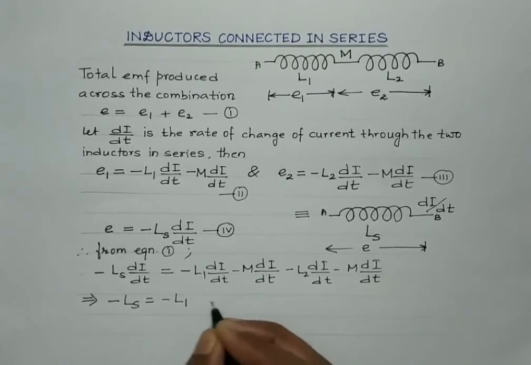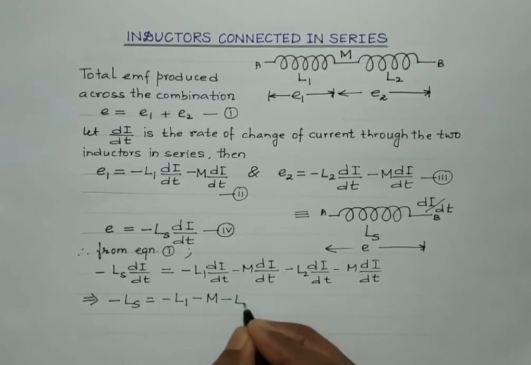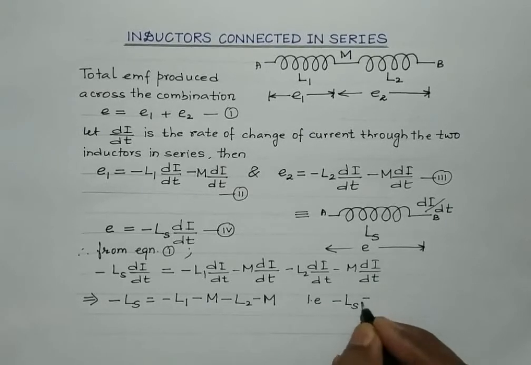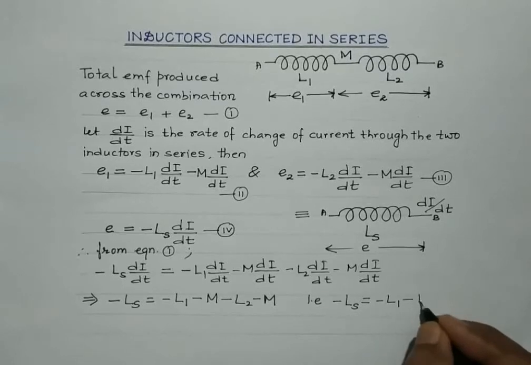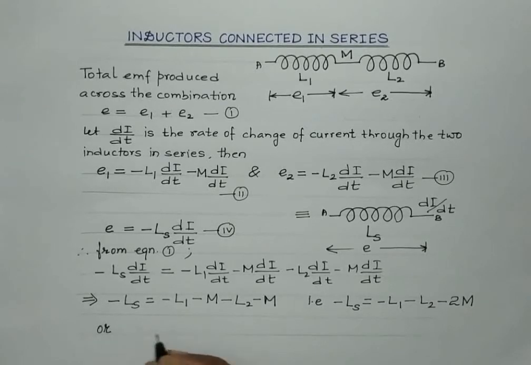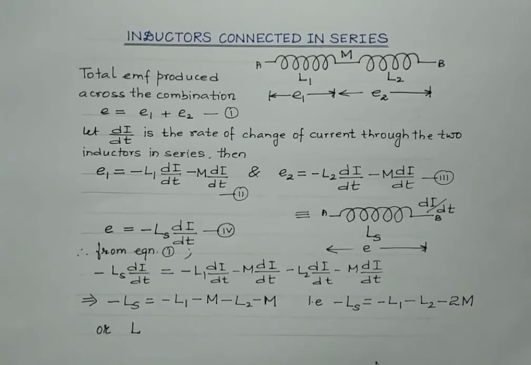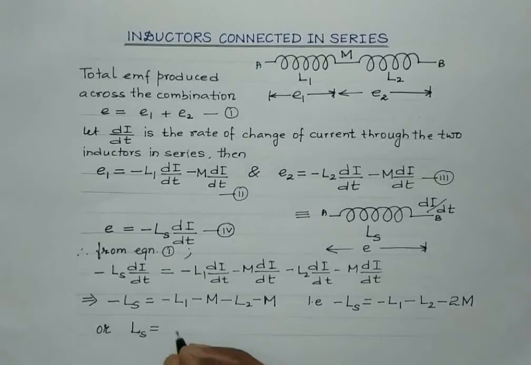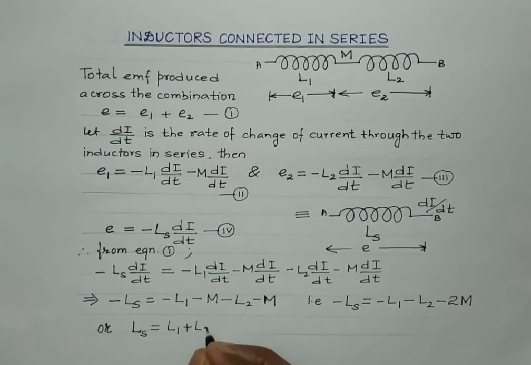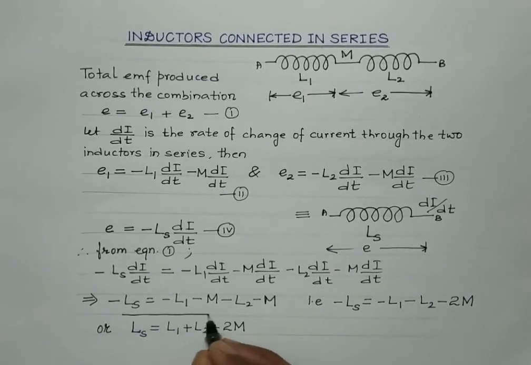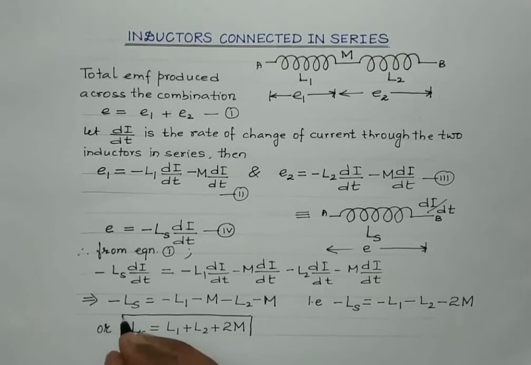So, we get minus L1 minus M minus L2 minus M. That is minus Ls is equal to minus L1 minus L2 minus twice M. Or students, the effective inductance of the series combination of the inductors is given by L1 plus L2 plus twice M. So this is the formula for the effective inductance when the two inductors are connected in series.